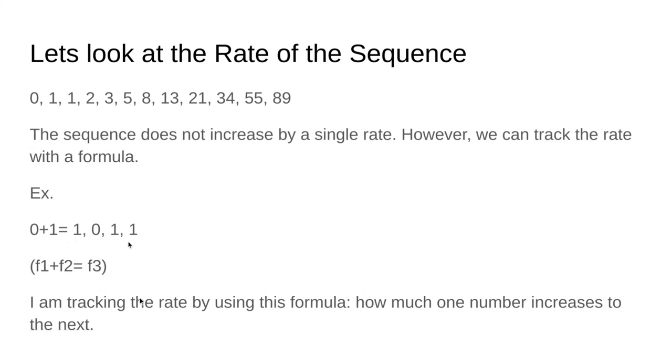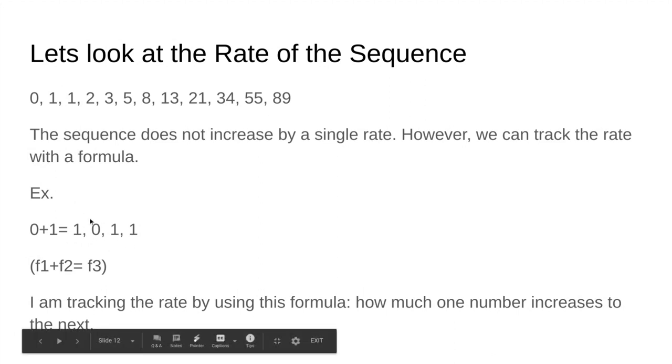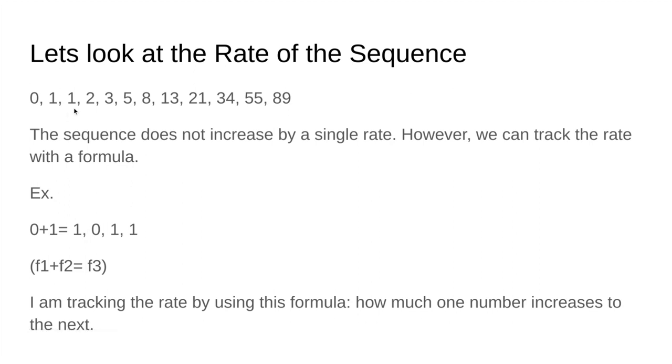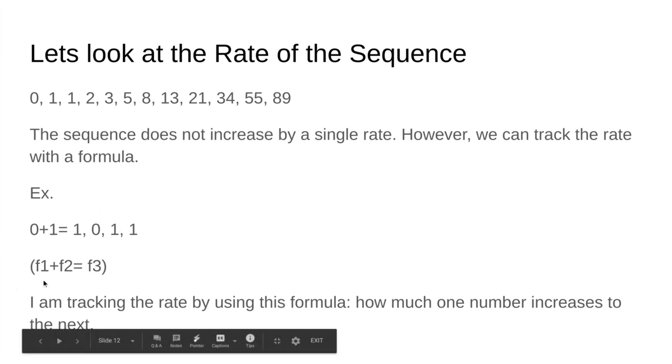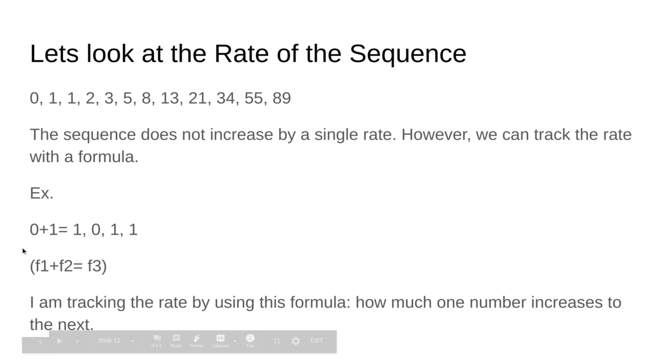Our sequence starts with 0, 1, and we added 0 and 1 and got 1 again. I've also turned it into a variable. F stands for Fibonacci, and the number stands for the position in the sequence. So F1 is 0, F2 is 1, which gives me F3, which is 1. I'm tracking the rate using this formula, how much one number increases to the next.